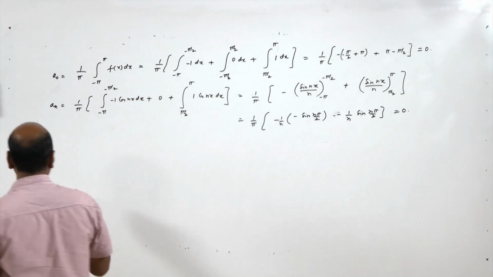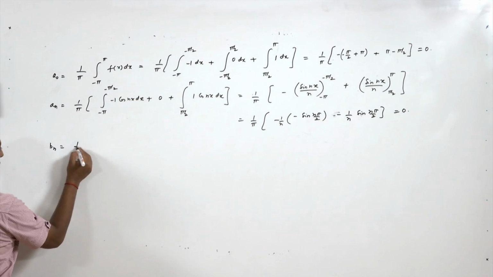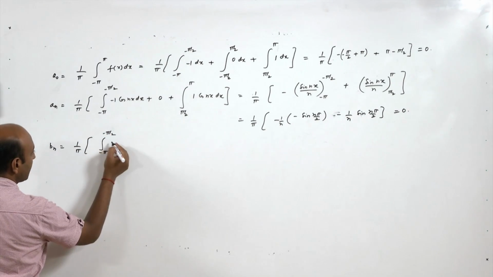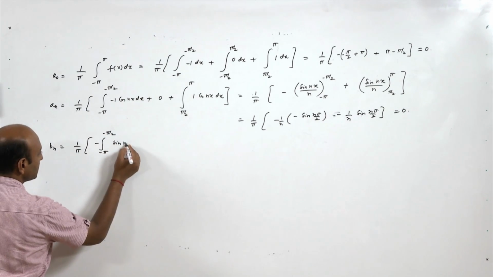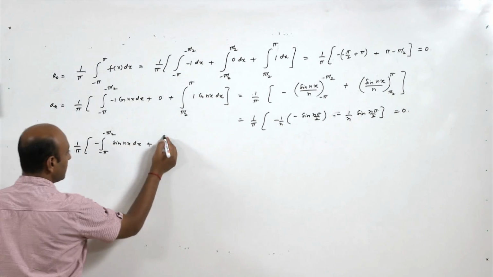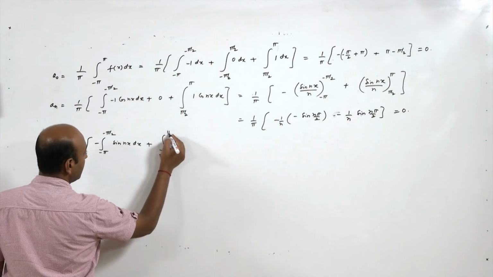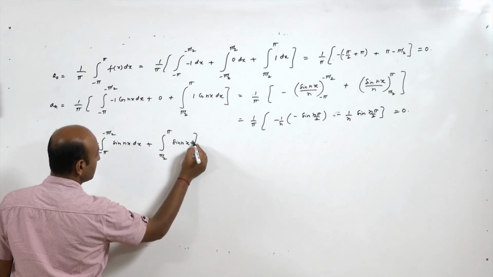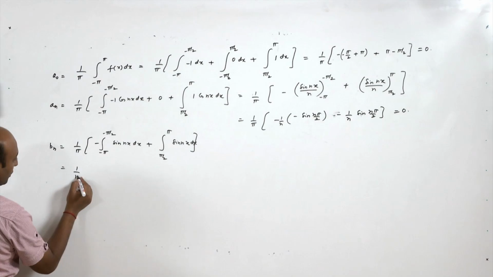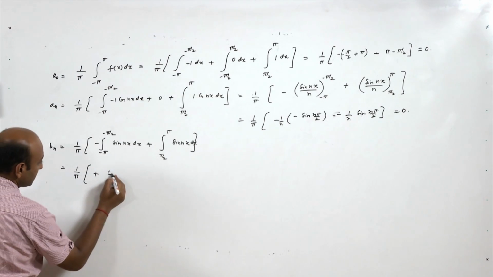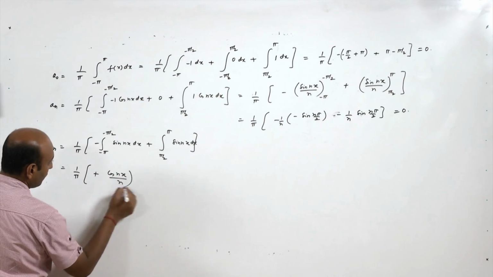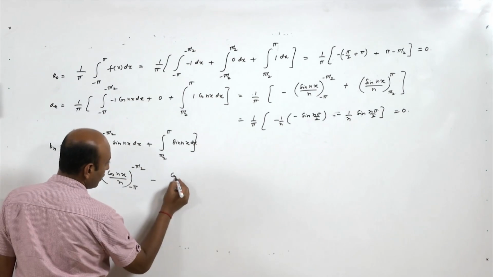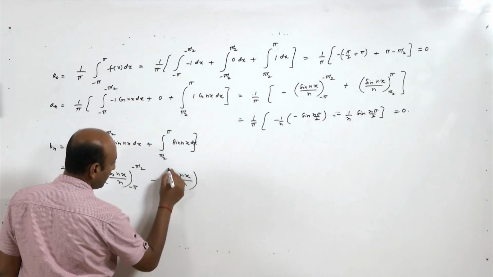Similarly, when you find b n, so what will be b n? It is 1 upon pi, again minus pi to minus pi by 2, it is minus of sin nx dx, and plus pi by 2 to pi it is sin nx dx. So, when you simplify it is 1 upon pi, it is minus plus cos nx upon n from minus pi to minus pi by 2, and it is minus of cos nx upon n from pi by 2 to pi.